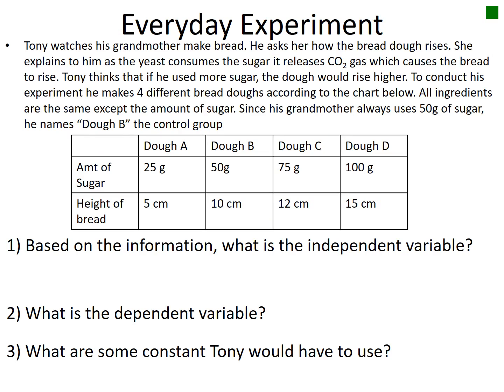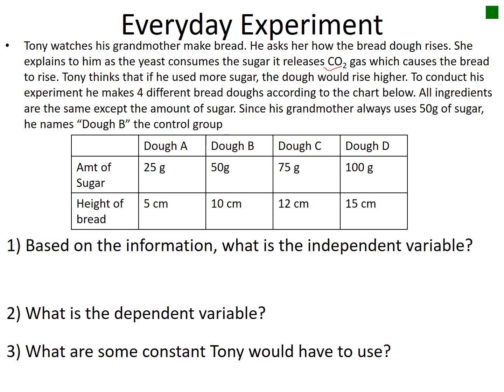So here's an everyday experiment before we go into a biology one. It says, Tony watches his grandmother make bread. He asks her how the bread dough rises. She explains to him that as the yeast consumes the sugar, it releases carbon dioxide, CO2, gas, which causes the bread to rise.